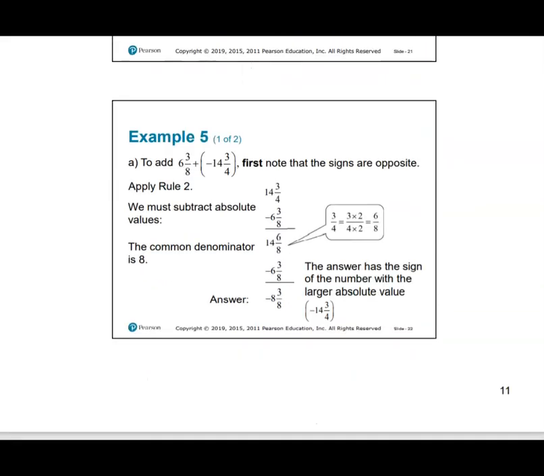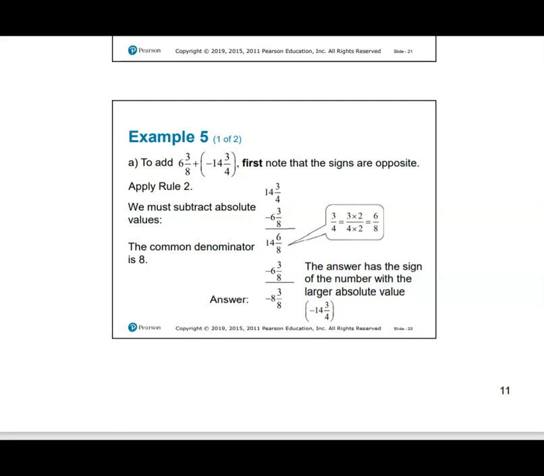Okay, to add 6 3/8 plus -14 3/4, first remember that these signs are opposite. Now, your calculator can handle this problem. So I don't want to emphasize this a whole lot when we're working these fraction problems, because I would imagine that most of you are going to use your calculators on this.